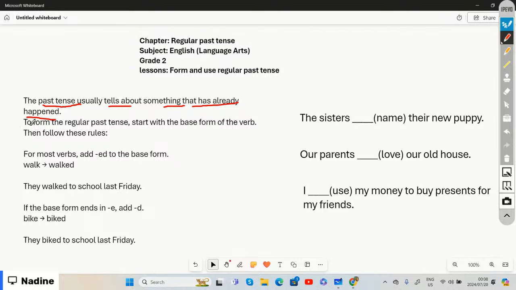And in order for us to form the regular past tense, we need to start with the base form of the verb, and then it needs to follow specific rules, right? So we need to start with the base form of the verb, and then follow these rules.